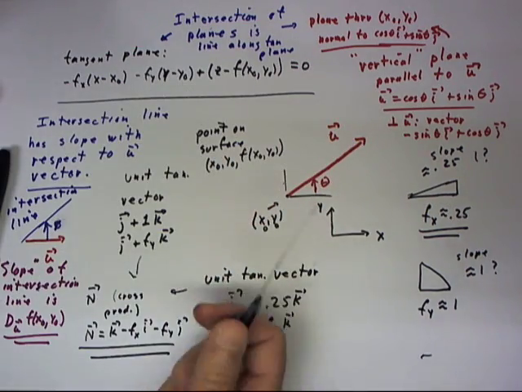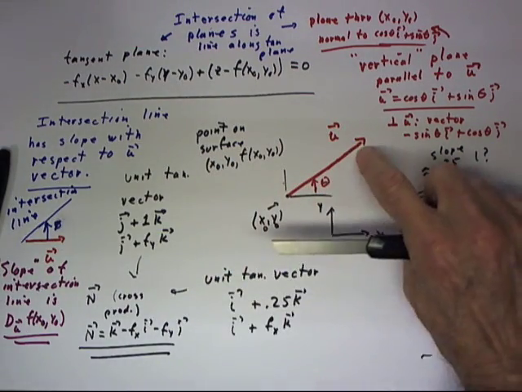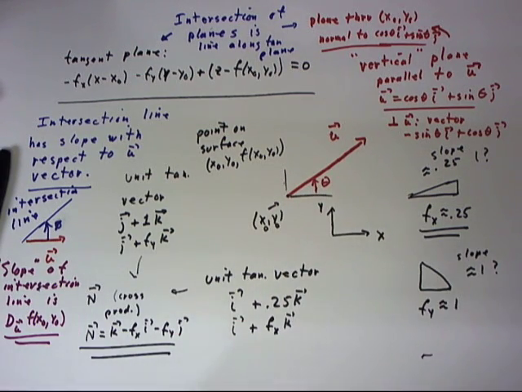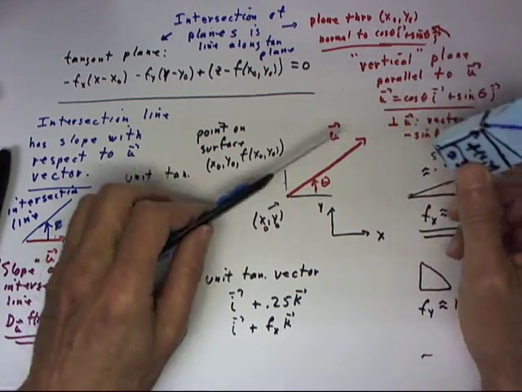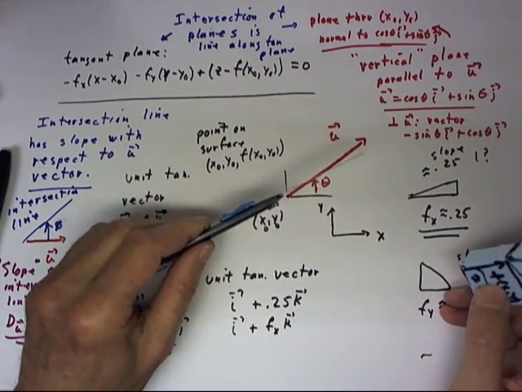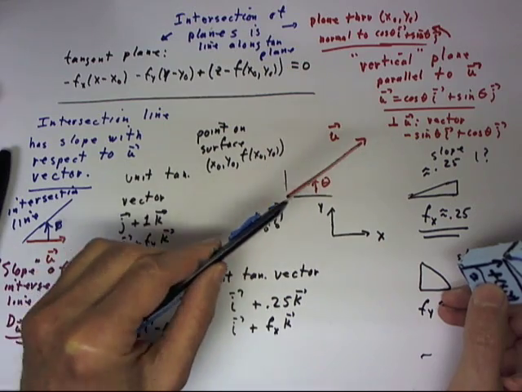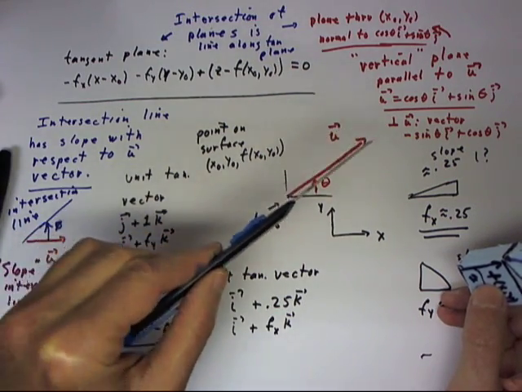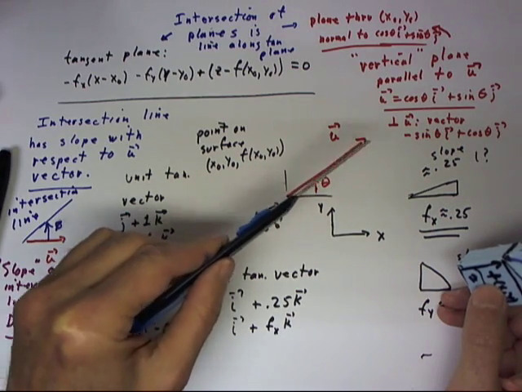Now we consider unit vector u, and that unit vector will make some angle theta with the positive x direction, and we want to see what happens. Well, okay, now I've got this knife here. We've got a plane parallel to the u vector and in the vertical direction, in the k direction.